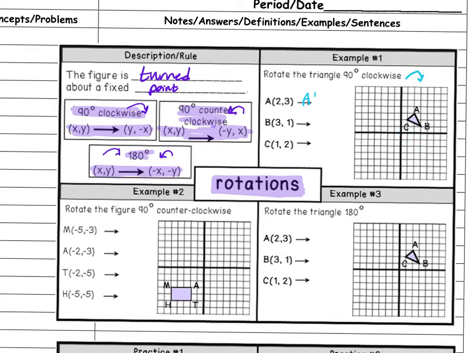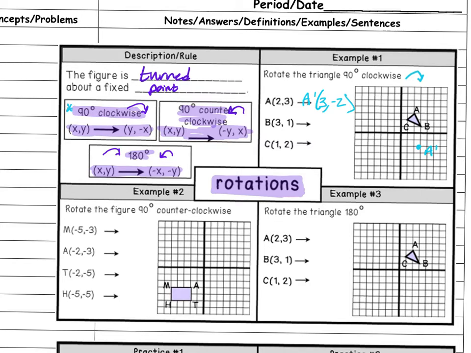So if I do my rule, and my rule says 90 degrees clockwise, which means I'm using this one, my y becomes my x, so that's 3, and my x becomes my y, but I changed the sign, negative 2. I'm going to go 3, 1, 2, 3, 1, 2. And remember, that's where my spot was when I was doing the counting: over 2, up 3, over 3, down 2.